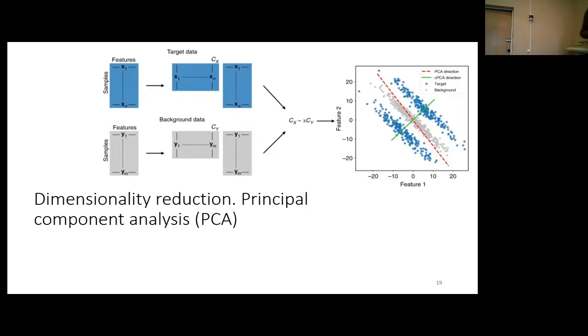It's vector multiplication, and we go from the original space into some new space with new axes actually. The first axis, the first principal component, corresponds to the direction with the highest variance.